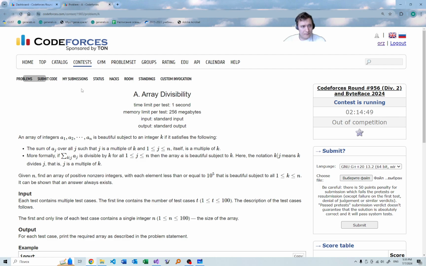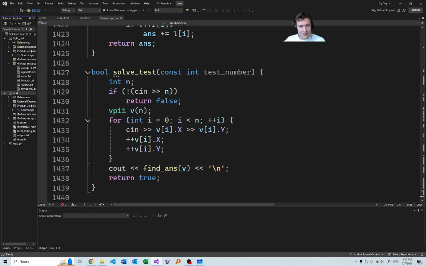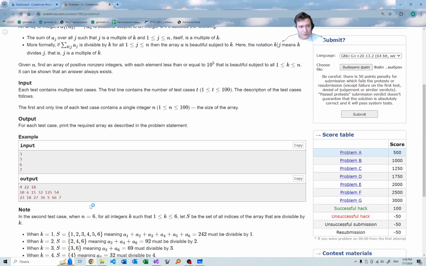Array divisibility. Okay, not very hard. So, what do we need to do?